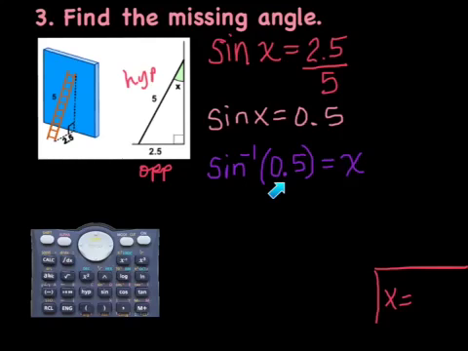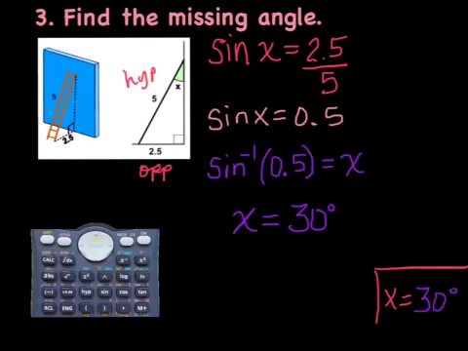So let me go ahead and do that. So I'm going to push shift, sine, that puts me at inverse sine, and put in 0.5, and I get that X equals 30 degrees. That was pretty easy, 30 degrees.